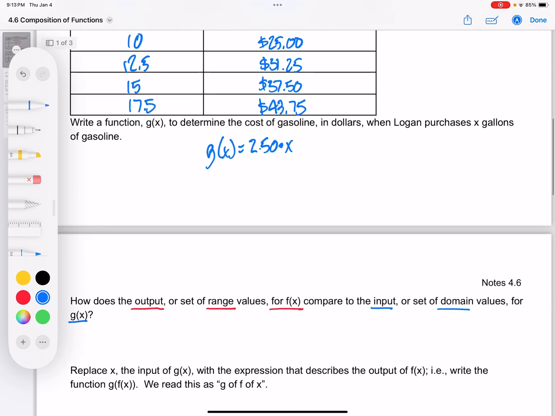All right, so we can say that the range of f of x is equal to the domain of g of x.